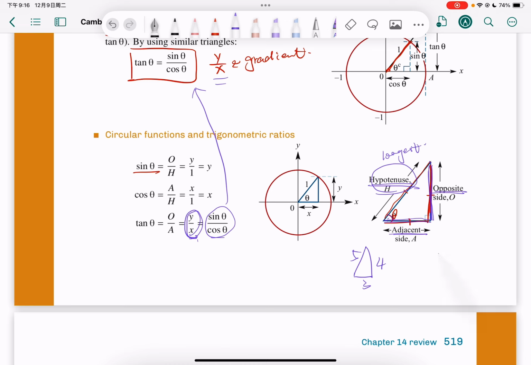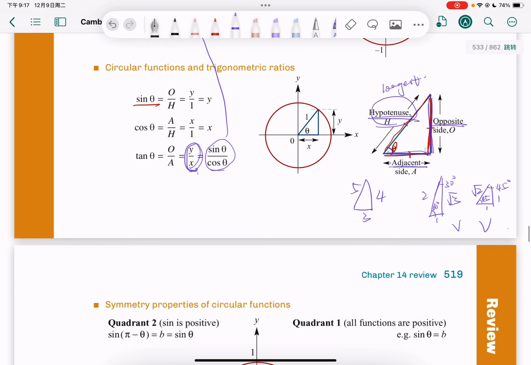Or you have 1, root 3, and 2, where this one is 60 degrees and this is 30 degrees. And you also have the 45, 45 triangle, which is 1, 1, root 2. These two are very important. You should memorize them.